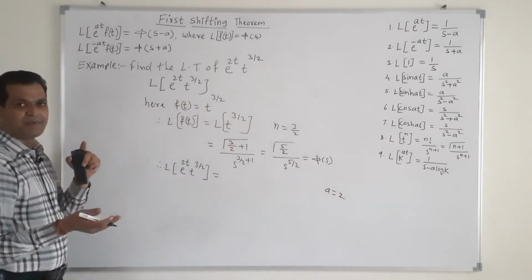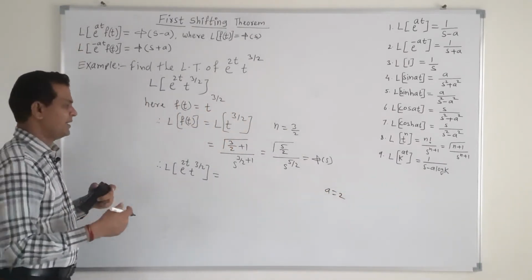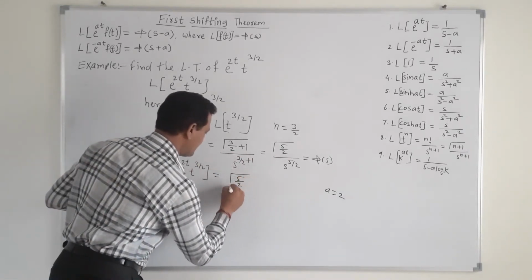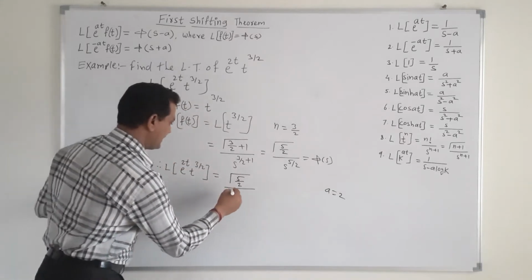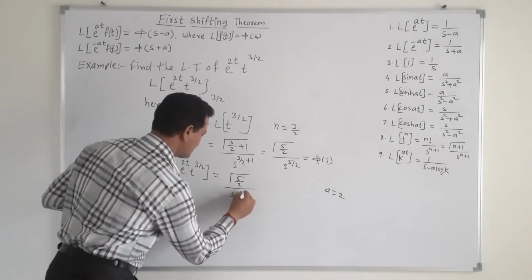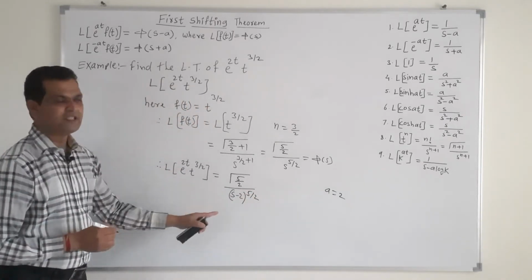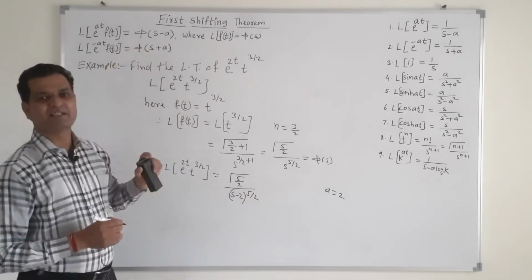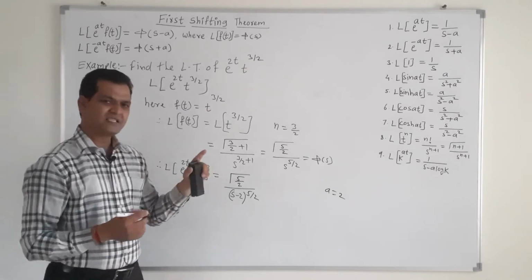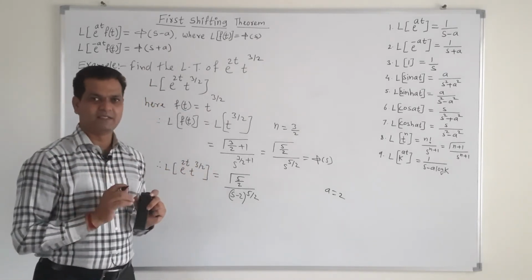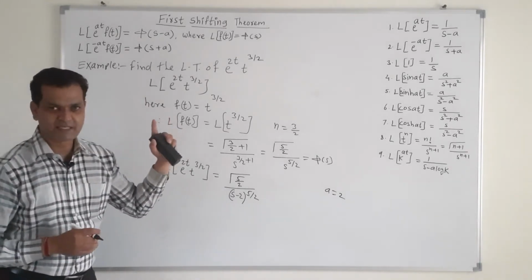That means subtract 2 from the parameter s. So we can write this as gamma function of 5 by 2 as it is upon s minus 2 raised to 5 by 2, which is the value of phi of s minus a. Only subtract a from the parameter s, and keep the constant term as it is. So this is the second example.